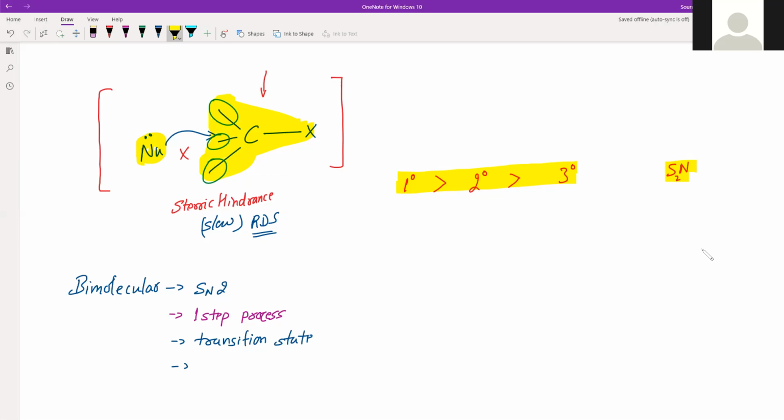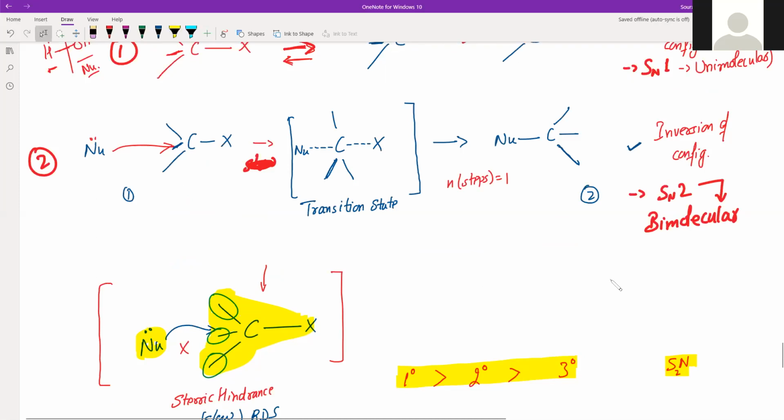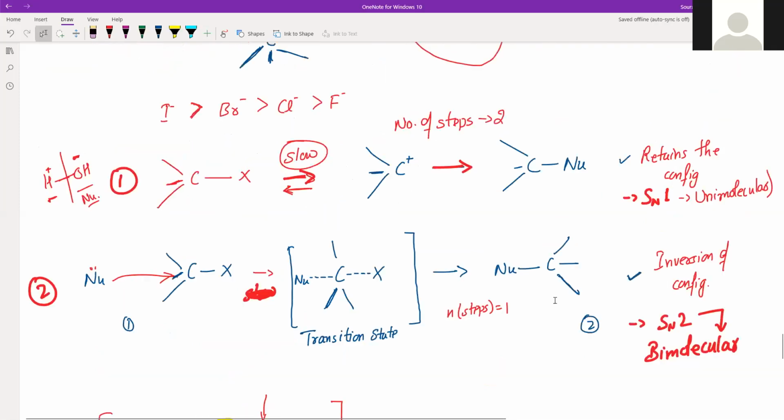And we have also seen that after the reaction, there is no difference in the product, whether it is SN1 or SN2. The product is the same: the halogen is removed and the nucleophile is attached to the carbon.